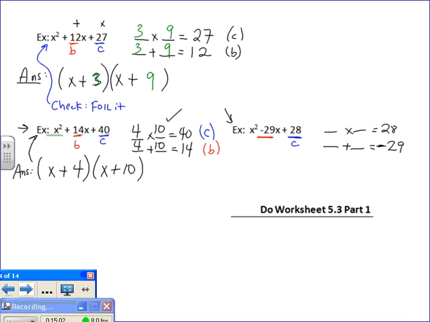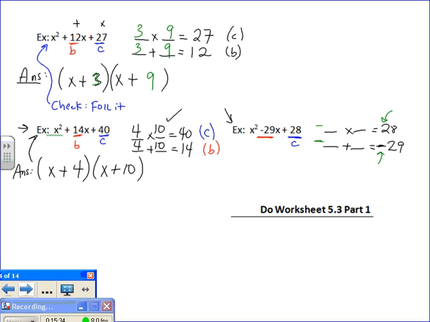There are some shortcuts here that you can use. When you're thinking about what your factors are going to be, before you even get started, if you have one of your numbers as a negative, that's going to tell you something right away. The fact that this number down here is a negative tells me that at least one of my terms has to be negative. The other thing I can do is look up here and say, this is a positive number, 28.